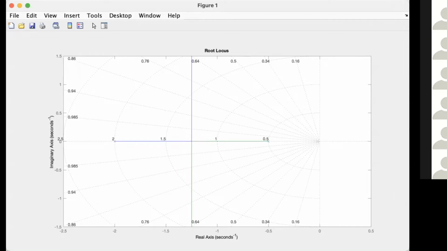Komen. Root locus ada 2 path. Okay. Yang hijau dengan yang biru kan. Kemudian ni titik apa ni? Ni titik apa ni?